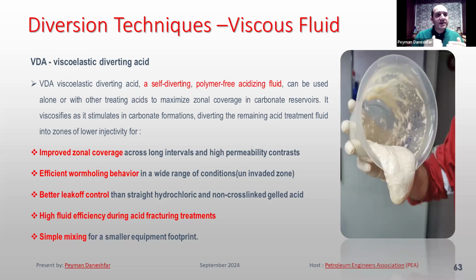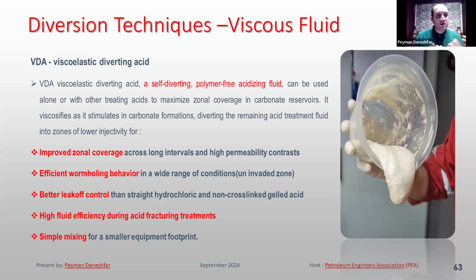It is like the VCA, but the VCA is polymer based, while the VDA or VES is surfactant based. Okay, but in marketing, when compared with other diverting agents, they told us that they improve the zonal coverage.